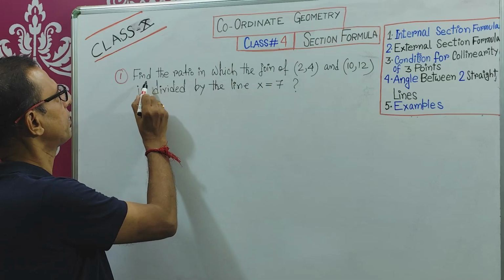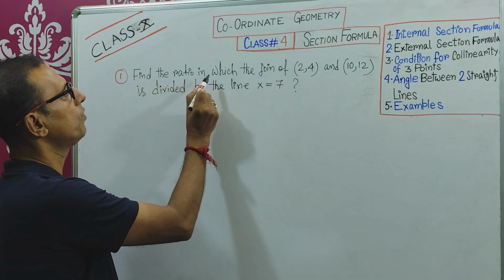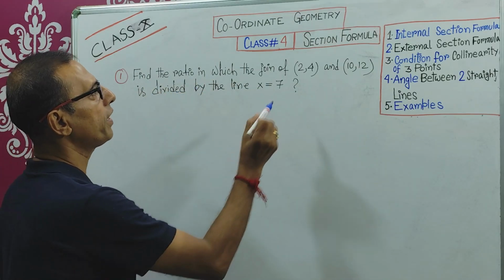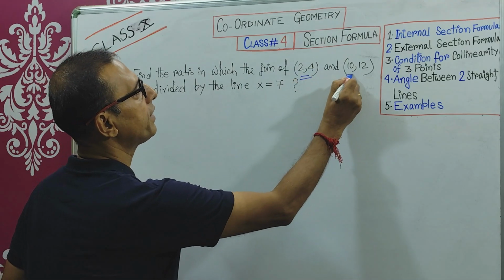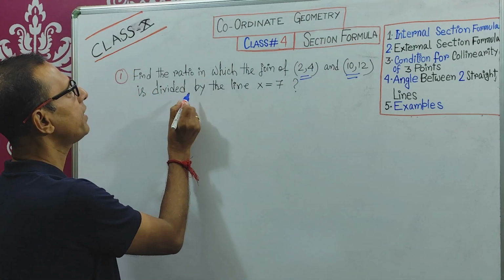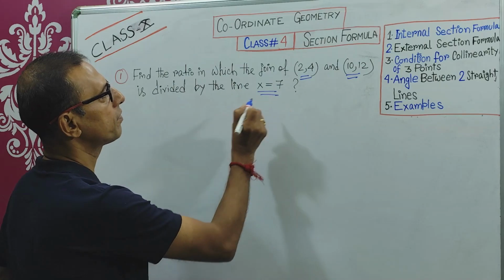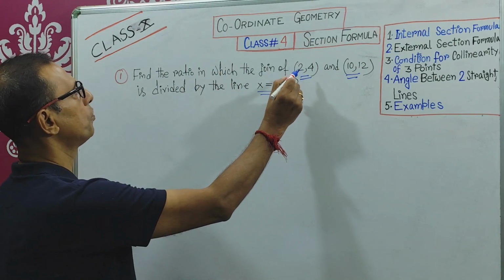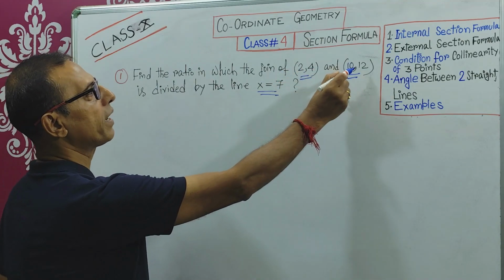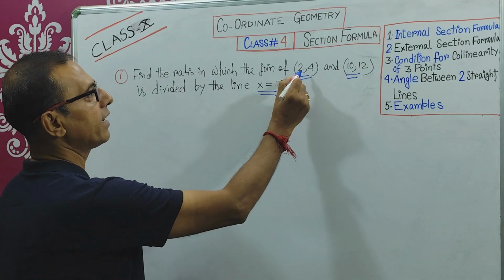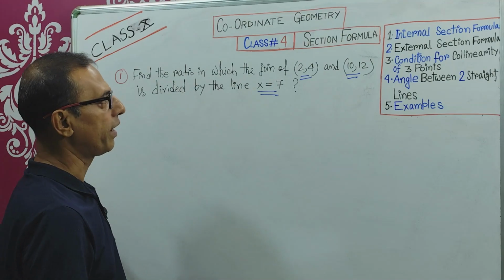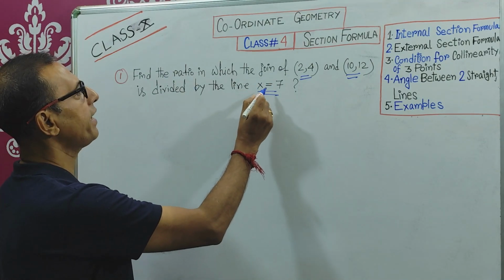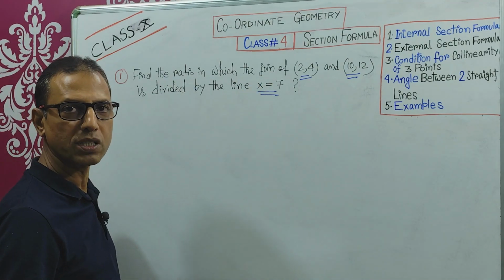So what is the problem first? Find the ratio in which the join of 2, 4 and 10, 12 is divided by the line x equals 7. It's saying there are two points 2, 4 and 10, 12, and the line joining these two points is divided by the line x equals 7.